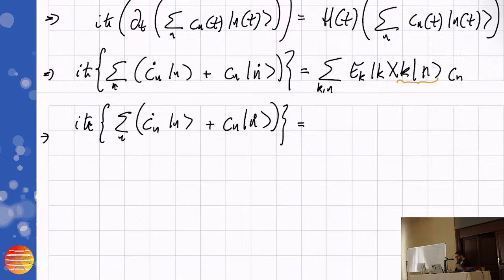At every instant in time, the |n⟩'s are all my instantaneous eigenstates, so this is just a Kronecker delta, delta kn. So I can simplify one of those sums, it will disappear, and I'll simply be left with the sum over n of Cn, my coefficient, En, my energy eigenvalue n.